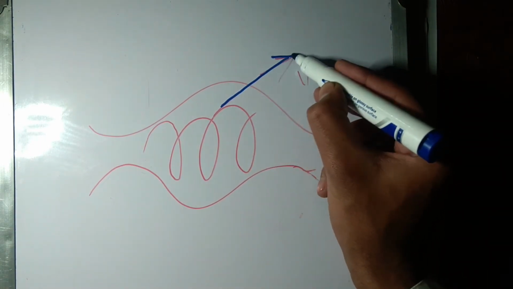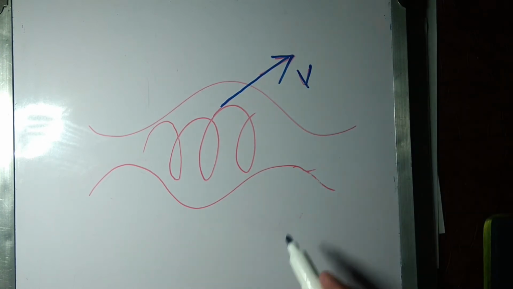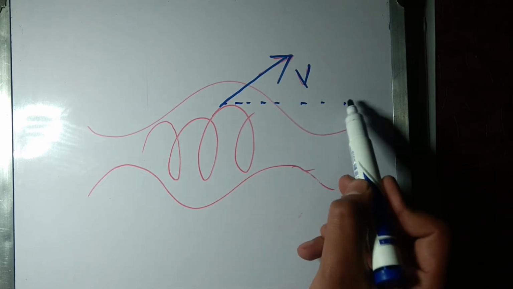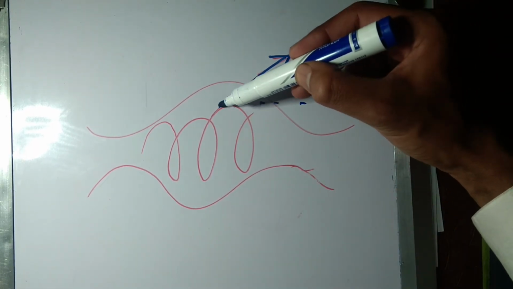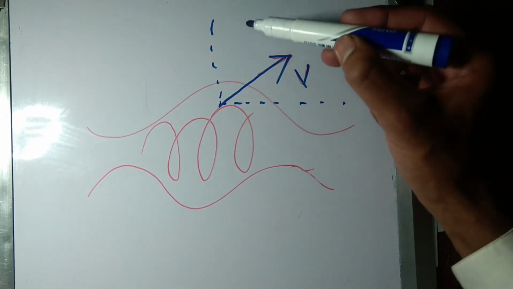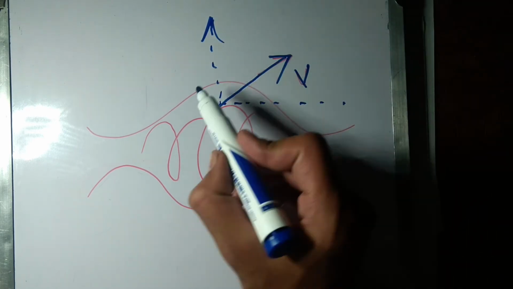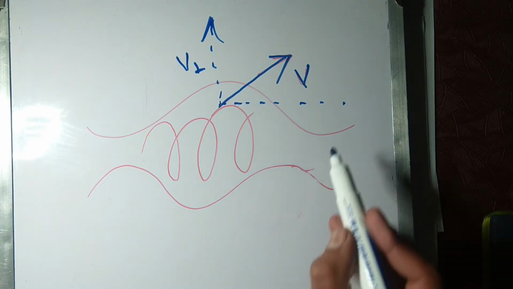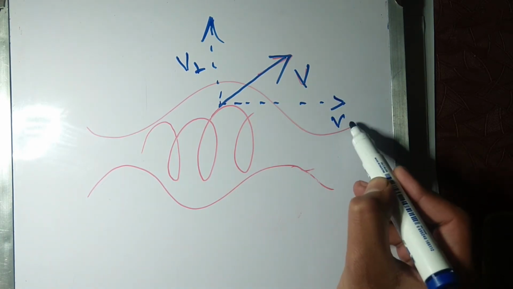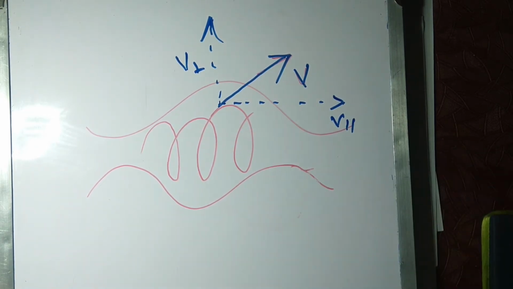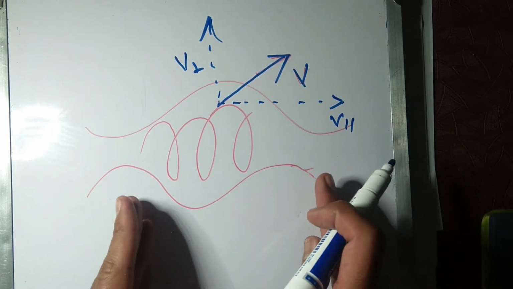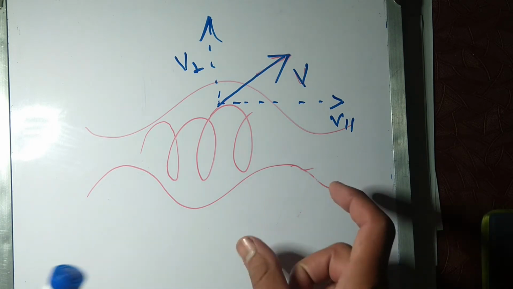This is the velocity v, and it has some angle here, and this is v perpendicular, and this is v parallel.